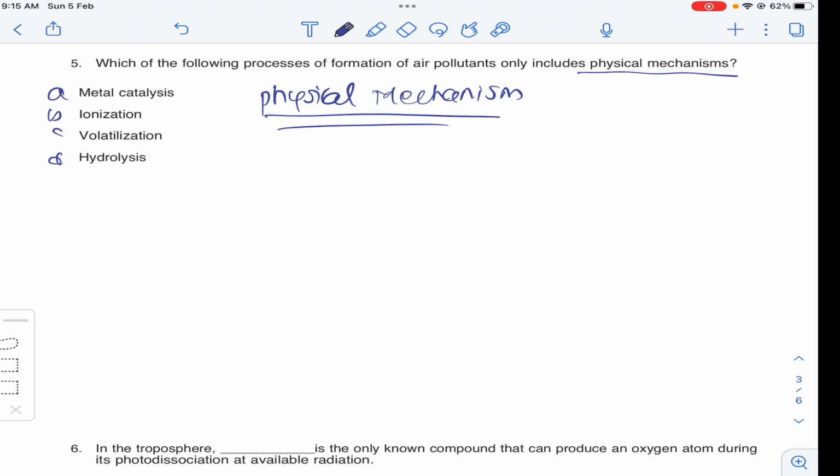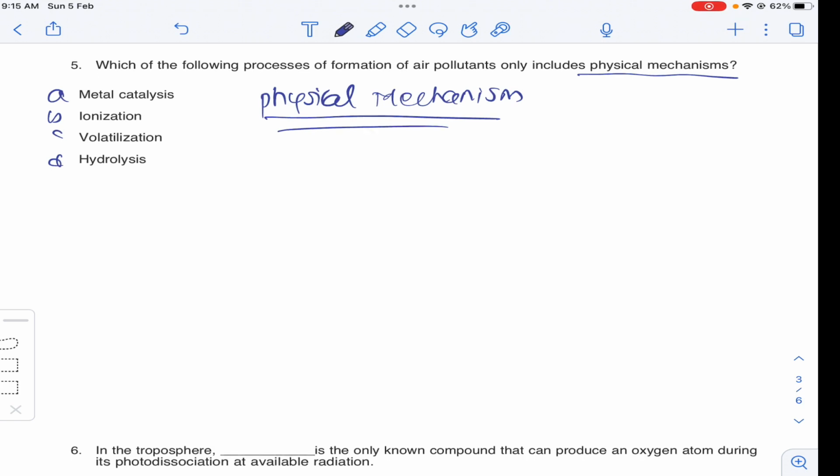Metal catalysts are recognized as the most important factors in accelerating lipid oxidation in dairy products. So here in metal catalysis, the process that takes place is oxidation. Oxidation is a chemical process. And ionization means electrically charged. So it is also a chemical process.